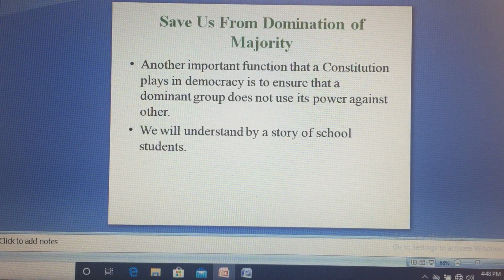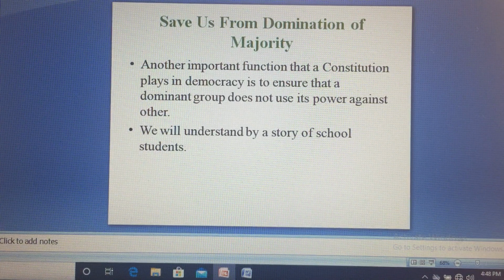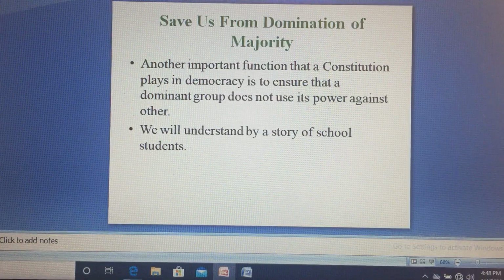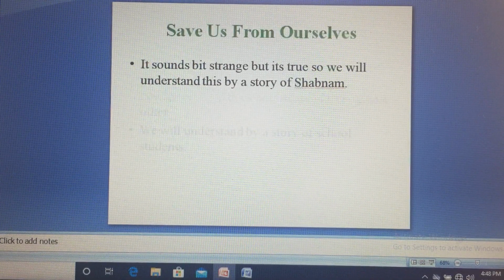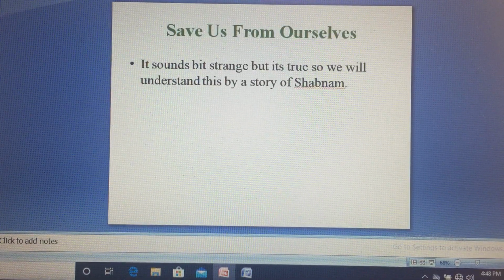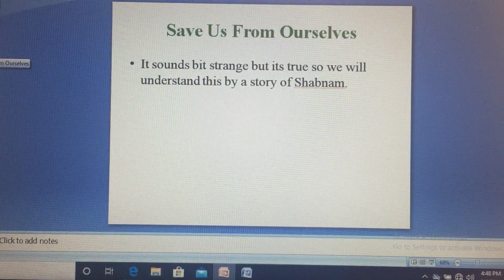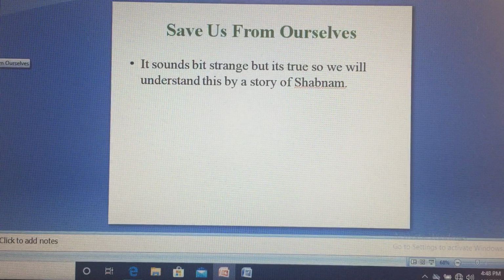Then we discussed the domination of majority over minority through a scenario of a class where boys are in majority and girls are in minority. And then we discussed how the constitution saves us from ourselves through the story of Shabnam. Till here we are done.